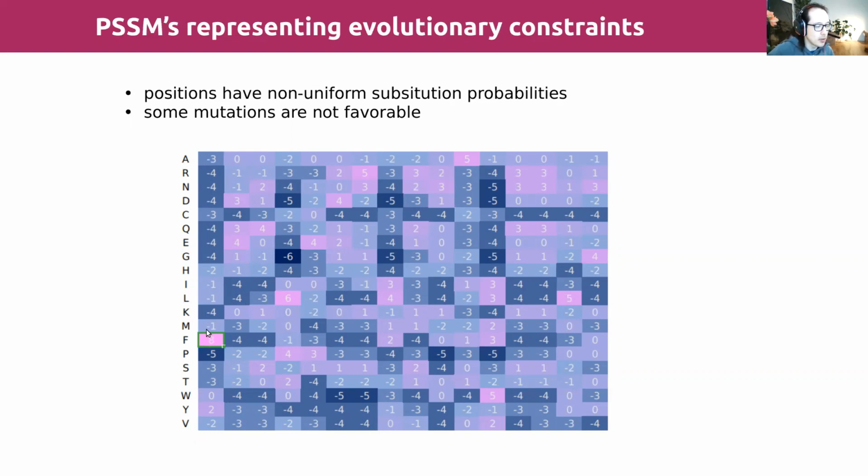So, for example, the F in this position here is many orders of magnitude more favored than the other options in this column. And so the result of that is there's a strong evolutionary pressure to maintain an F here. If a mutation to something else occurs, we're going to see a strong likelihood to return to the F here.